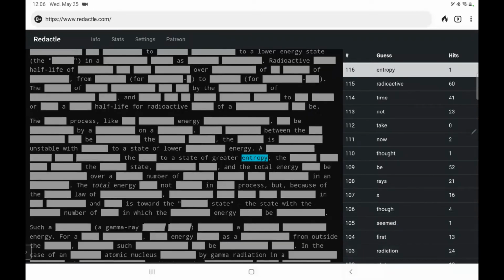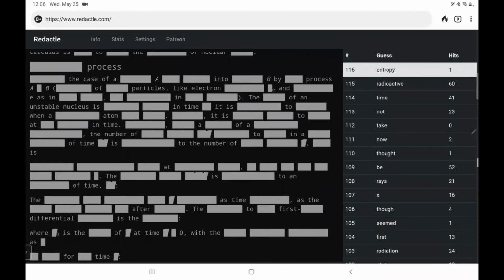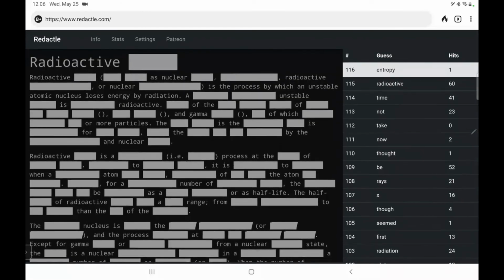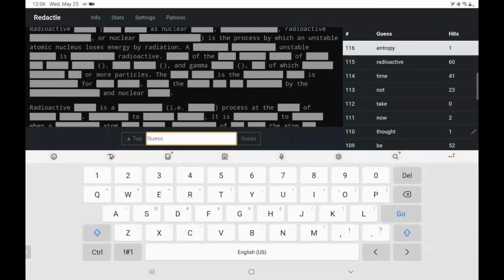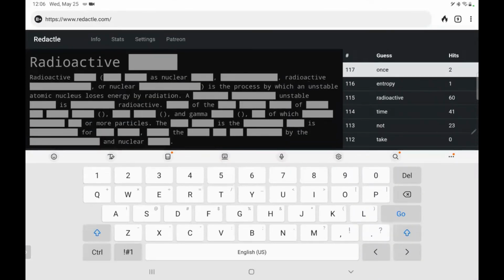State of greater entropy. So what do we have up here at the top? Radioactive. Could we have the word once? Oh, we have once twice.